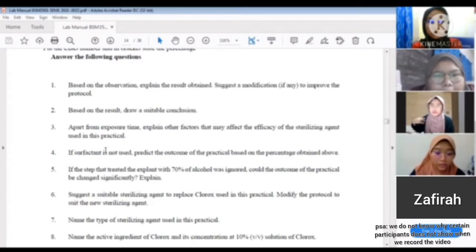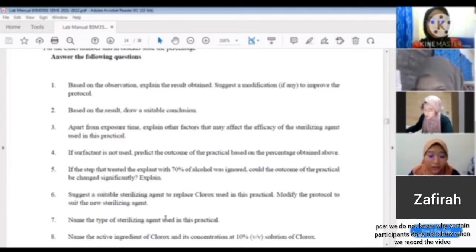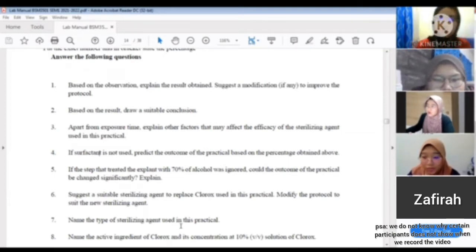That's my answer. Anyone want to add? My answer is Tween 20 is the surfactant because it is used to wet the surface of plants and repel the air. So if the agent is not evenly spread on the surface, I think the experiment will fail. Okay. Anyone else? No? Okay, so moving on.